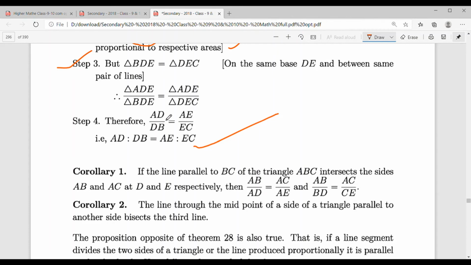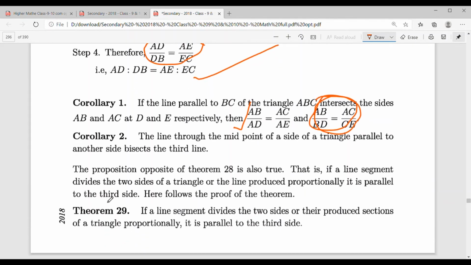From here, if we use just componendo, then we get this. If we apply invertendo and then componendo, then we get this.